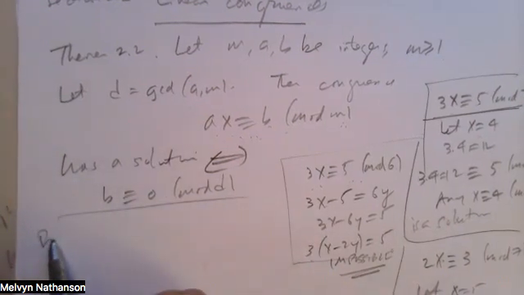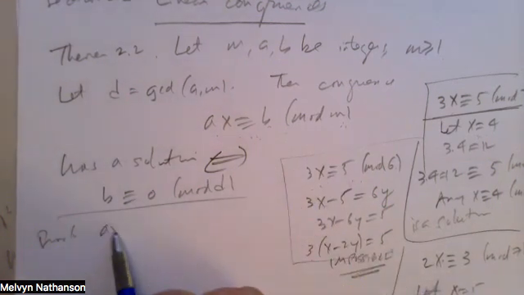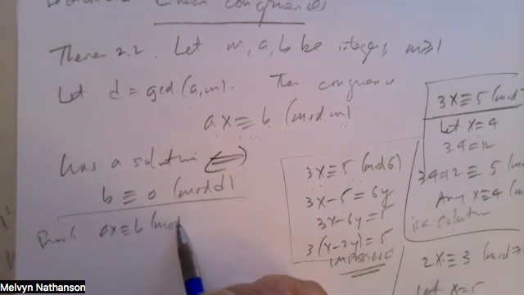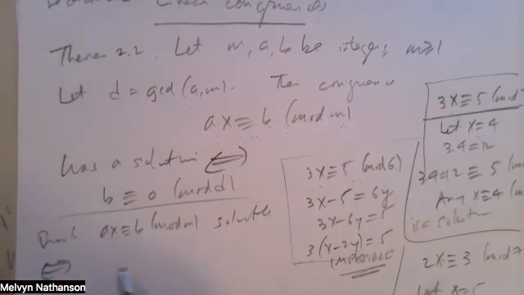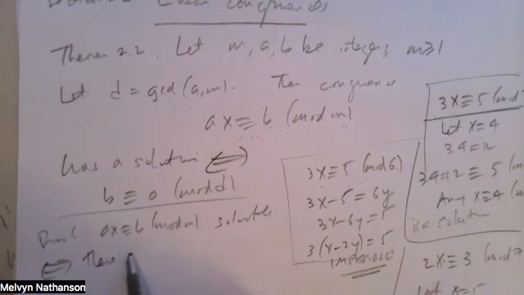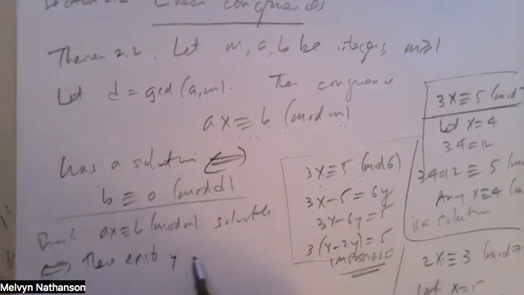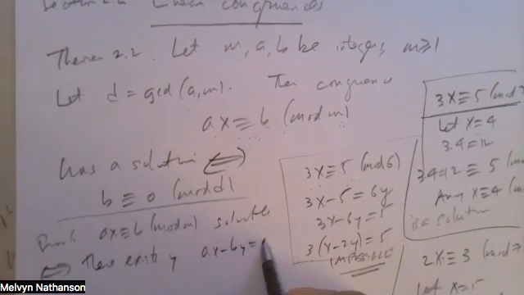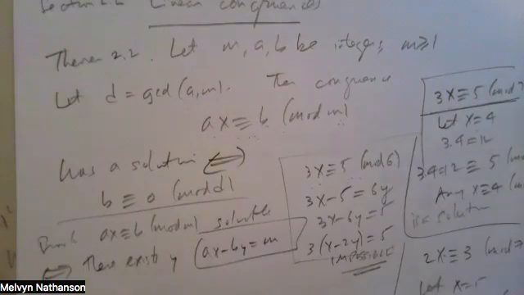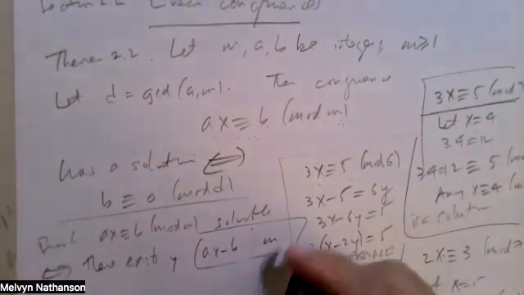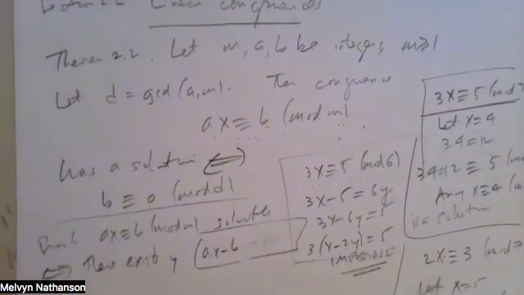Right? So what is the proof? The congruence AX congruent to B mod M is solvable if and only if there exists a Y such that AX minus B is divisible by M, so AX minus B equals MY.